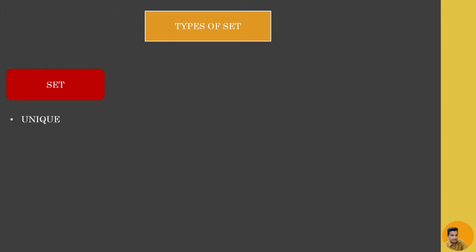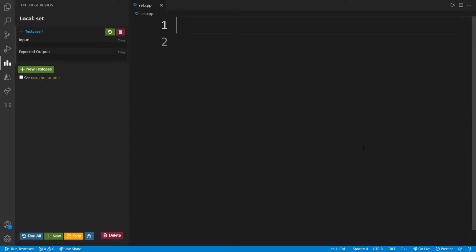It is going to store unique values, no duplicate elements, and stores them in a sorted order. And this is how we are going to declare or create our set. Let's write this in VS Code.